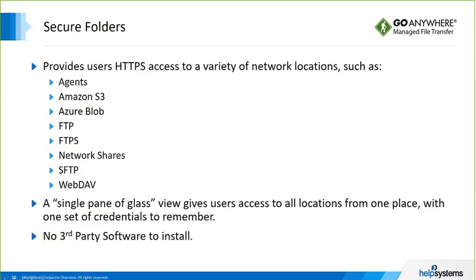So they don't have to install any third-party software, and you don't have to manage any third-party software, and they won't ever see the credentials to access these directly. They're going to use their own LDAP or Active Directory credentials to log into the system.